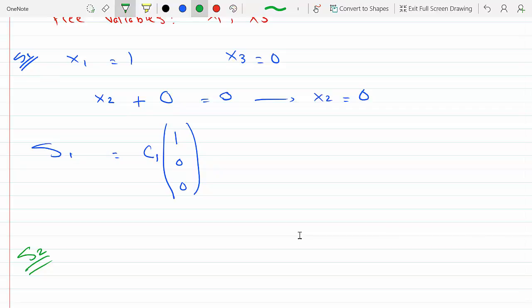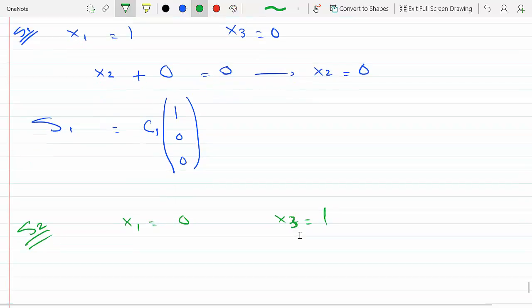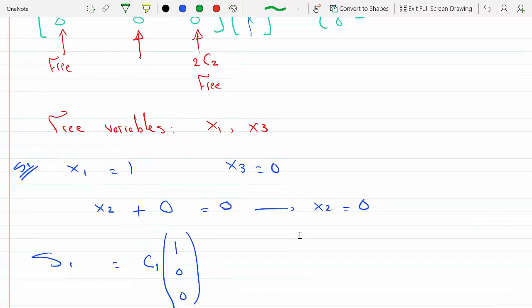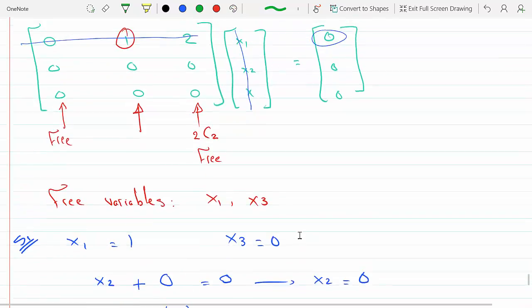To go for s2, I would switch around, so I would say x1 equals 0 and x3, the free variables, I would give the identity matrix solution, 0, 1, and I would go on from the matrix to find what x2 is. Did you understand what I did in the first part?